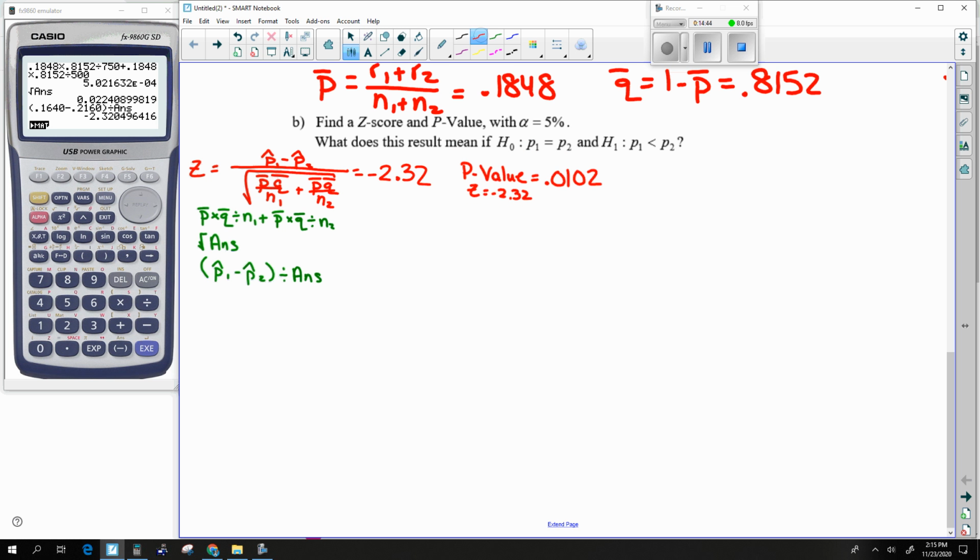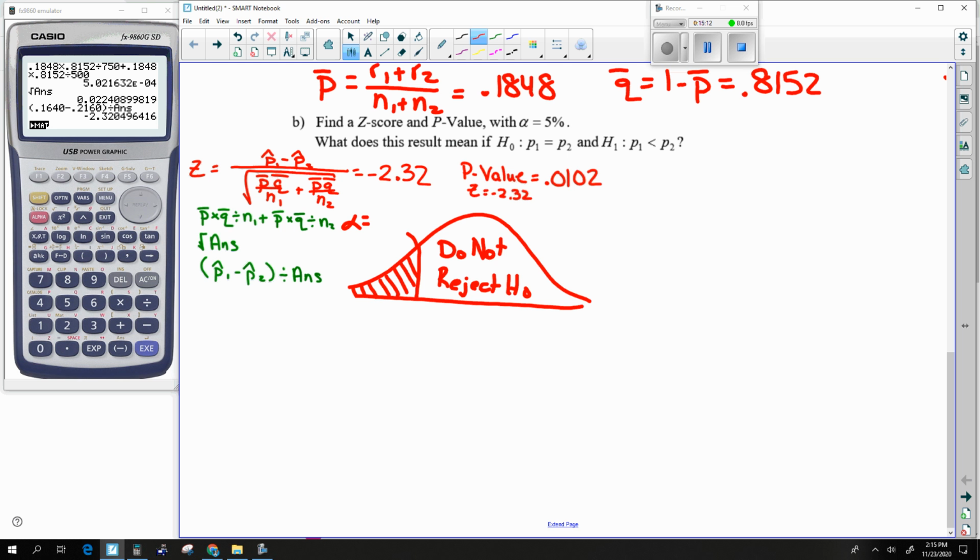So what does that mean? I see from the problem that this is a left tail with an alpha of 5%. Again, look at the problem and you can figure all that out. So alpha is 5%.